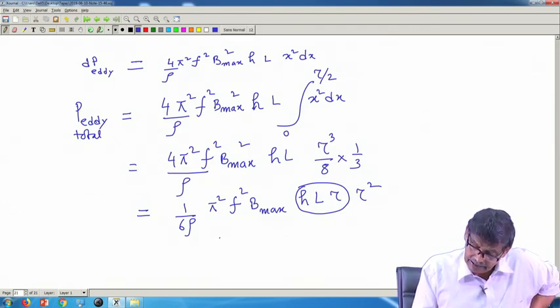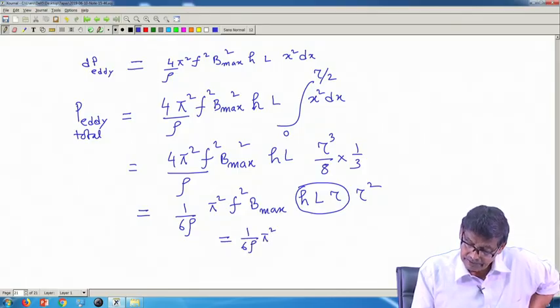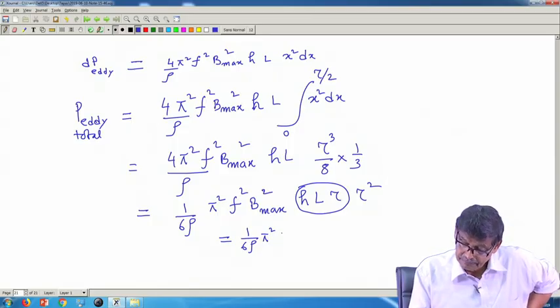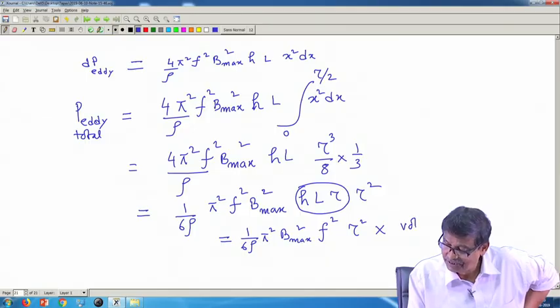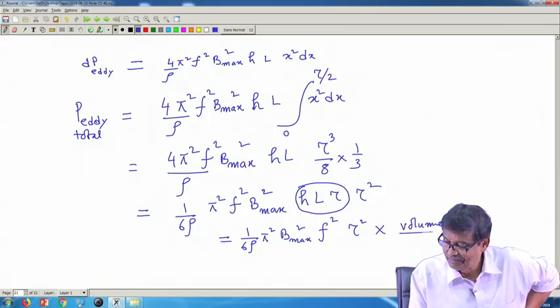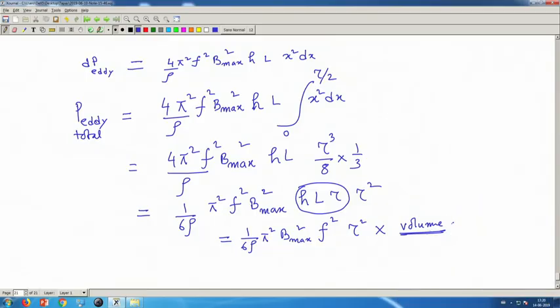Then I can write it as 1 by 6 rho pi square B max square f square tau square into h L tau, which is the volume of the iron. So, the P eddy total is given by this.